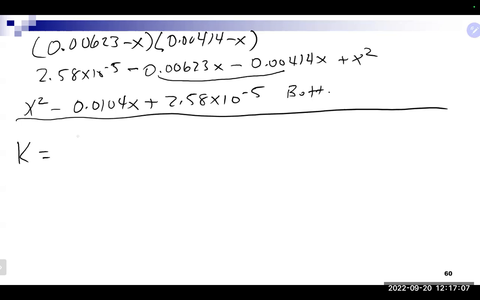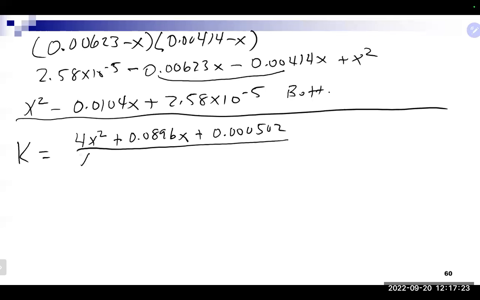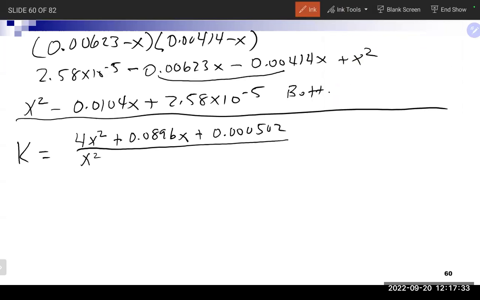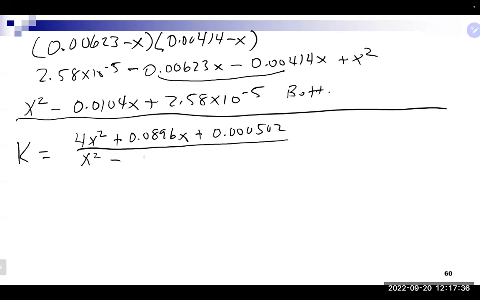Our top was 4x squared plus 0.0896x plus 0.000502, divided by our bottom, which ended up being x squared minus 0.0104x plus 2.58 times 10 to the minus 5, and that will once again equal our 54.3. So I just took my two parts and put them back together.